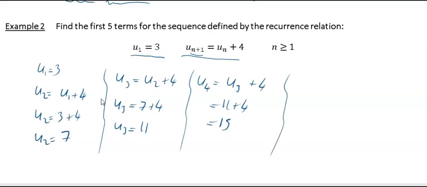And the last one we have to do, u5, is equal to u4 + 4, so it's going to be equal to 15 + 4, so it's going to be equal to 19.